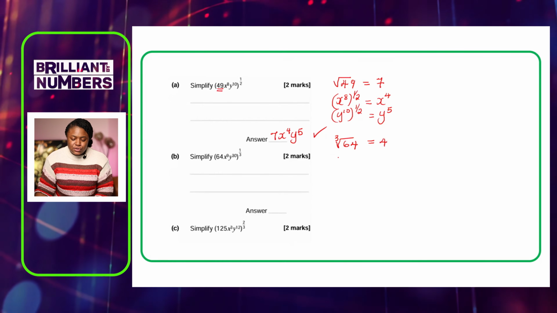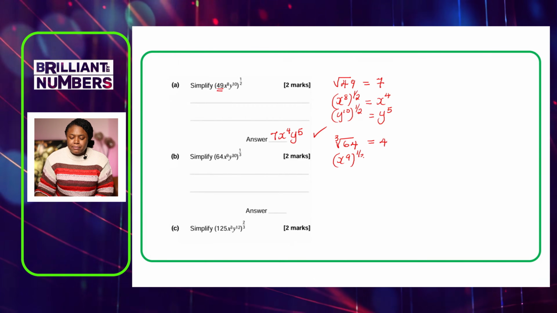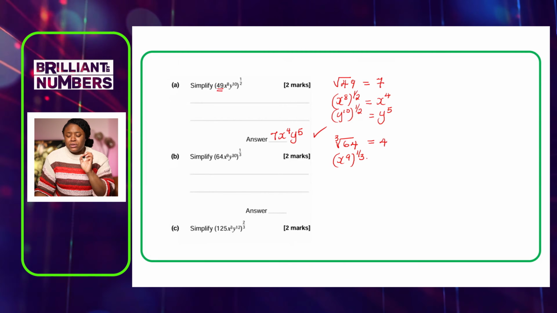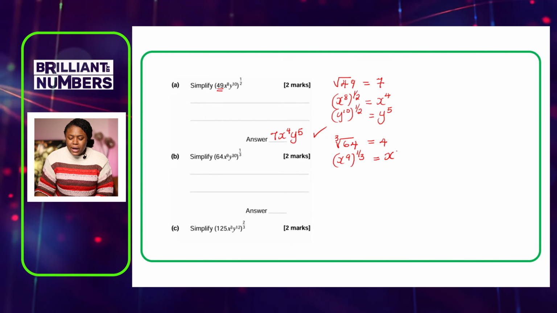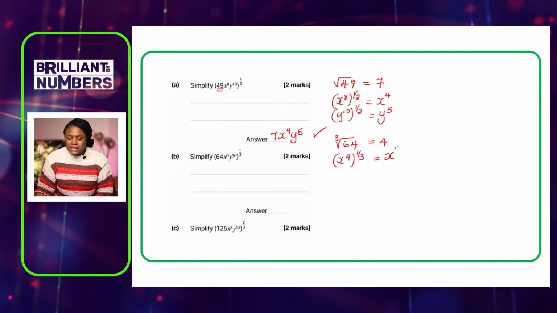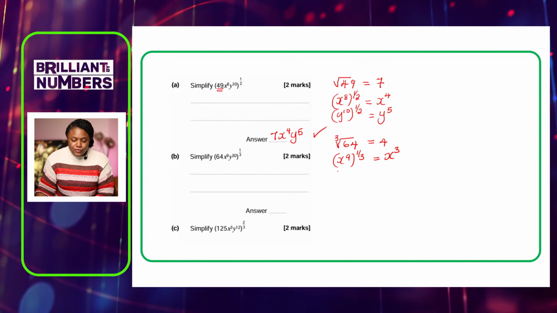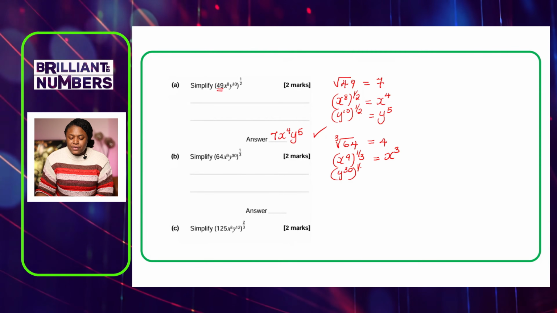Then I need to do x to the power of 9, and that's being multiplied by power of 1/3. So 9 times 1/3 is the same as 9 divided by 3. So for x, I get 9 divided by 3 is 3. So that's x to the power of 3. I go on to focus on y to the power of 30 to the power of a third.